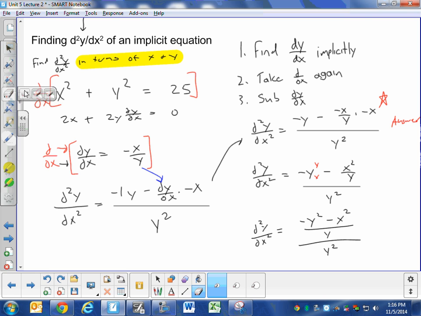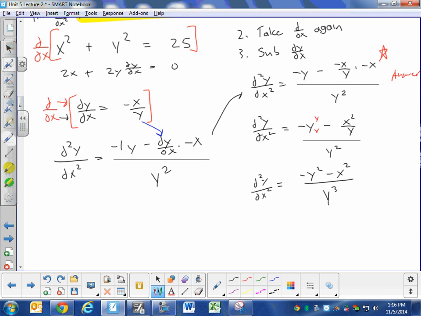Yeah, well, I don't like that either. Maybe I'll just multiply by 1 over y squared. Maybe I'll just make this bottom y cubed. All right, that's nicer. But I can go a little further. Why don't we factor out a negative 1 up here? Well, that's cool.